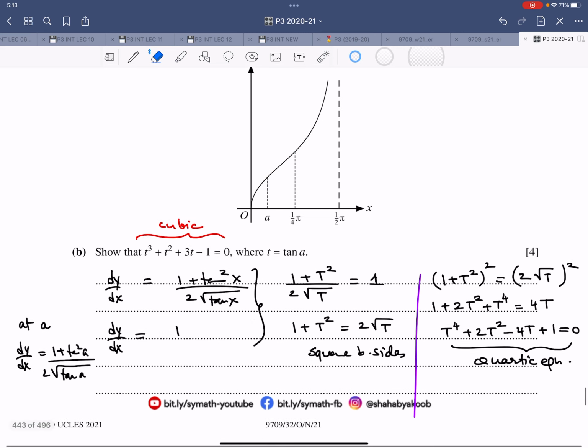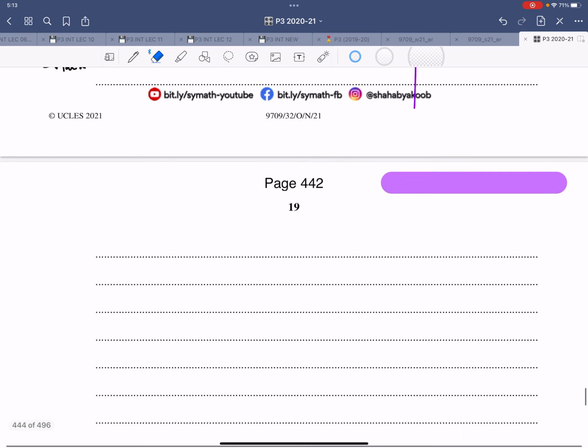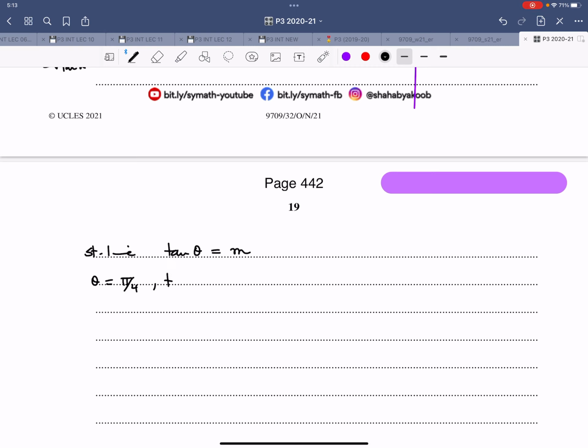That is, we know this concept, that in a straight line, tangent of theta equals the gradient of the line. When theta is pi by 4, tangent of pi by 4 equals 1. Got the idea? So the gradient is 1. That was already known over here.